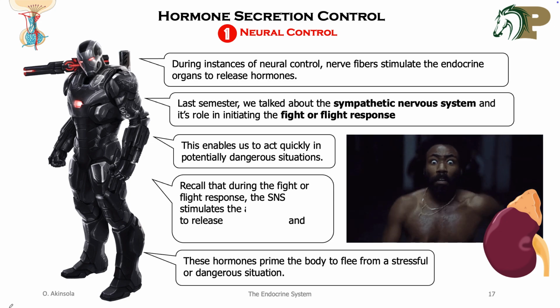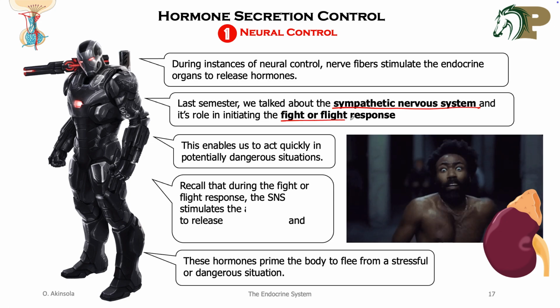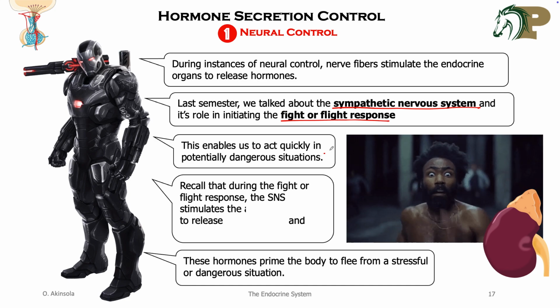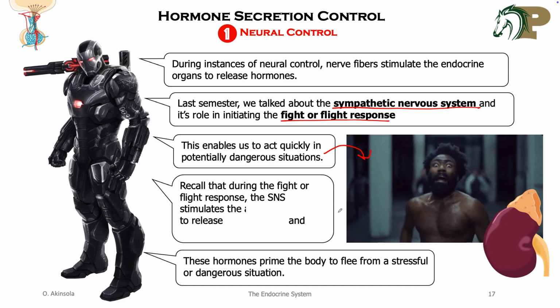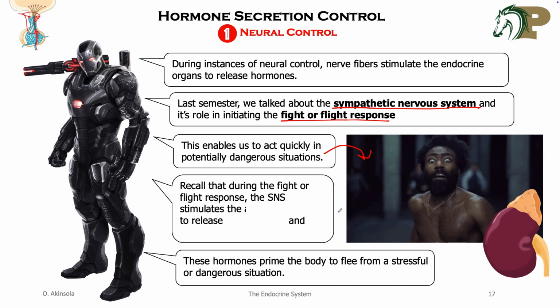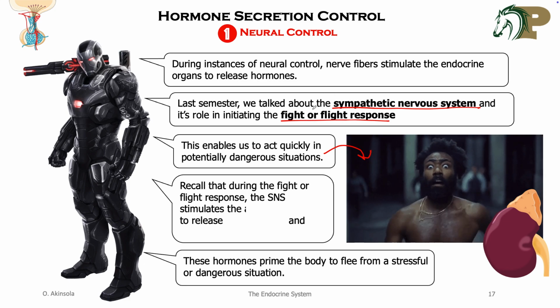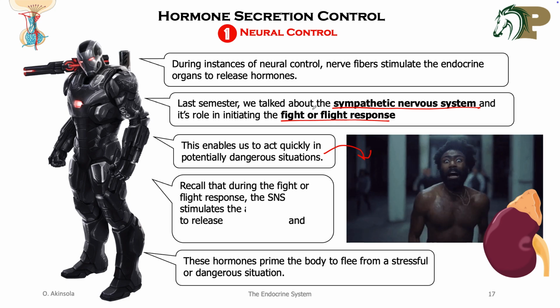This enables us to act quickly in potentially dangerous situations. We need to run like hell from something that is potentially dangerous. This is the response that will be activated by the sympathetic nervous system.